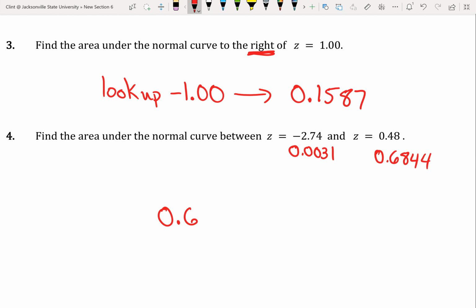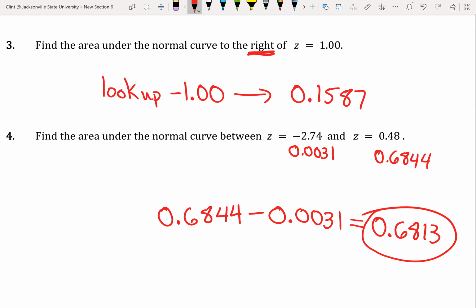We put the bigger one first because our answer can't be negative. So 0.6844 minus 0.0031 is 0.6813, the area between those two z values. So look them both up and subtract.